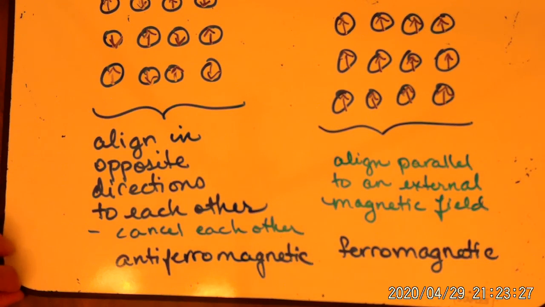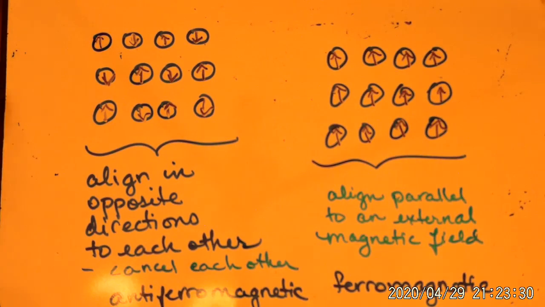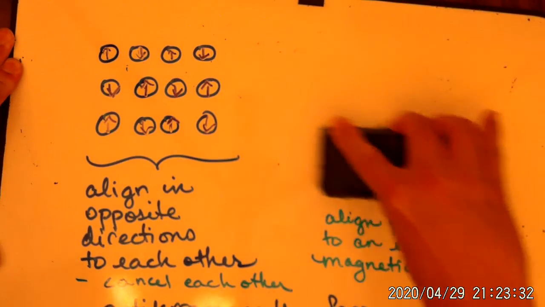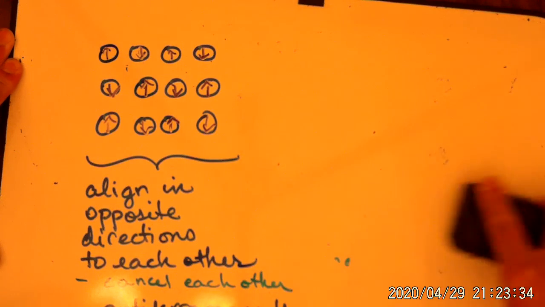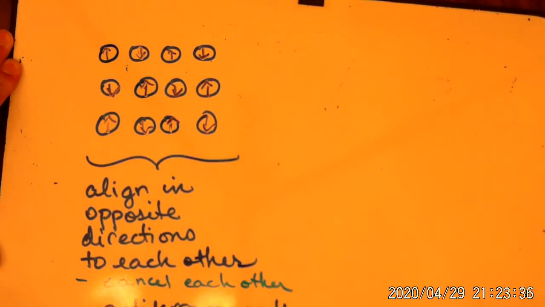What happens if they align, but they're not the same magnitude?